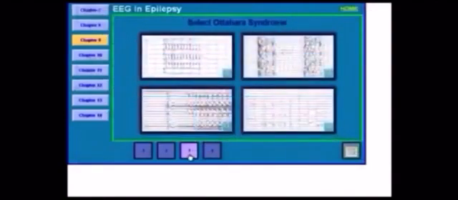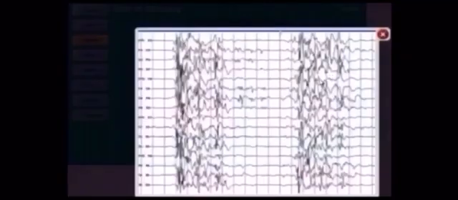So the third slide, third question, select Ohtahara syndrome. Ohtahara syndrome is an epileptic encephalopathy, and one of the hallmarks of the EEG is this burst suppression pattern. So here you see a burst which lasts for approximately 4 seconds, followed by a period of suppression that is 3, 4, 5 seconds.